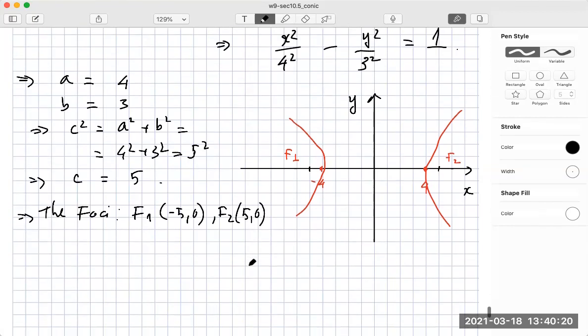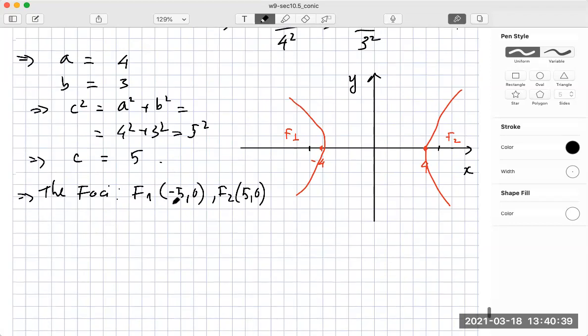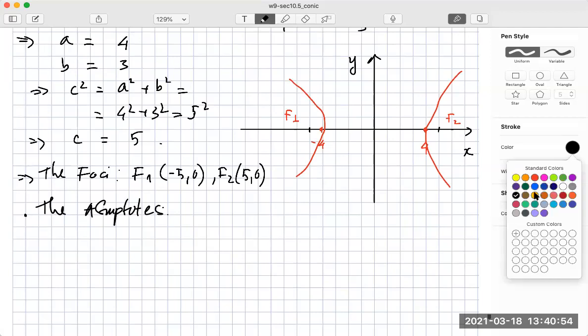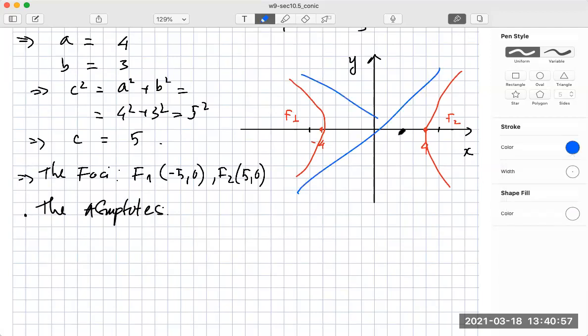Okay, very good. What else do we need to know about the hyperbola? Say it again, please. Asymptotes, very good. So the foci we know is already c, and the asymptotes here, which are the linear lines, this guy and this guy, right?